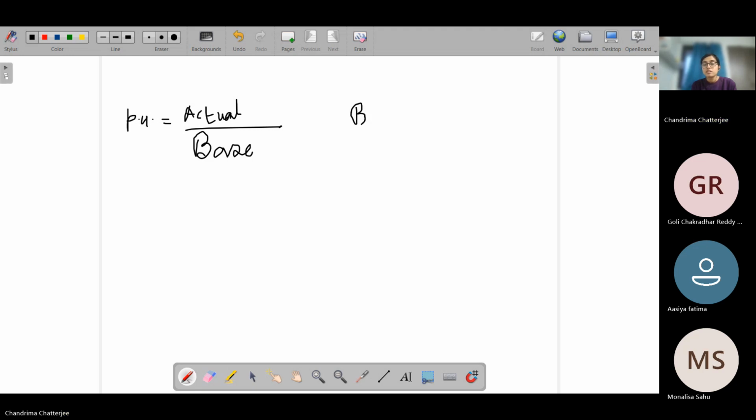Usually the base is taken as the rated power, but this is not a strict condition. You can take your base power anything, okay? And you will represent the actual power in terms of the base power. Then it becomes the per unit power, okay?